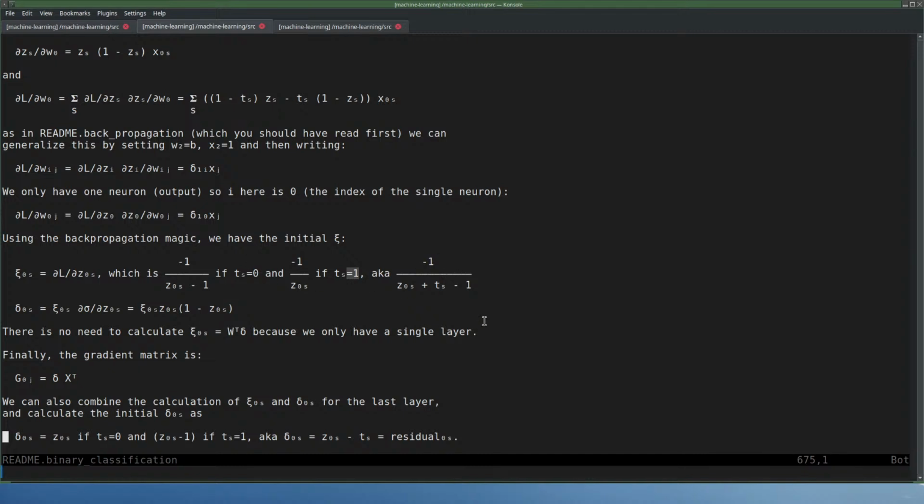But we don't need that, because this means that if you multiply the xi with the derivative of the sigmoid function, which is this, then one of these terms drops out. So depending on the target, either this divides that away or this divides that away, and you just keep the other one.